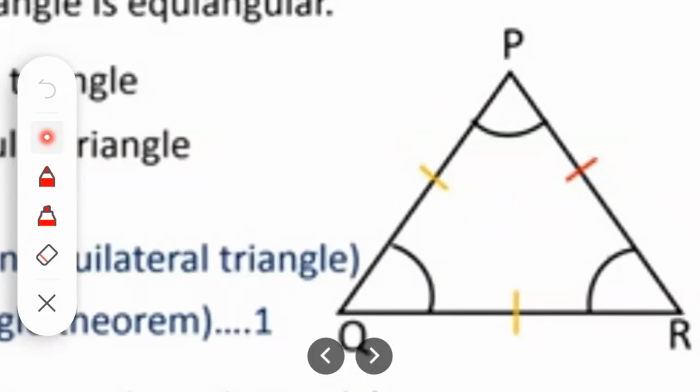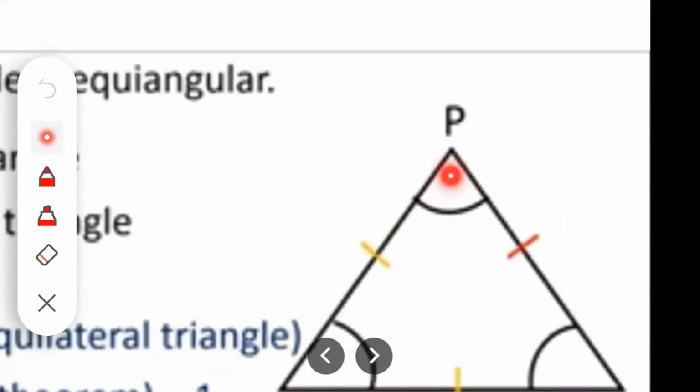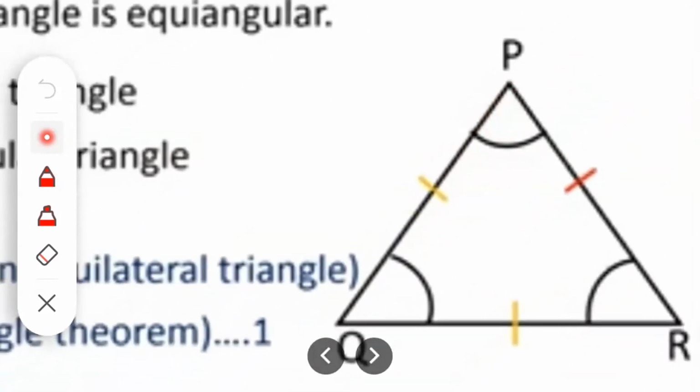What I will do now is take a pair of two sides. The first pair: segment PQ is congruent to segment QR. If these sides are congruent, then the angles opposite to those sides will also be congruent.